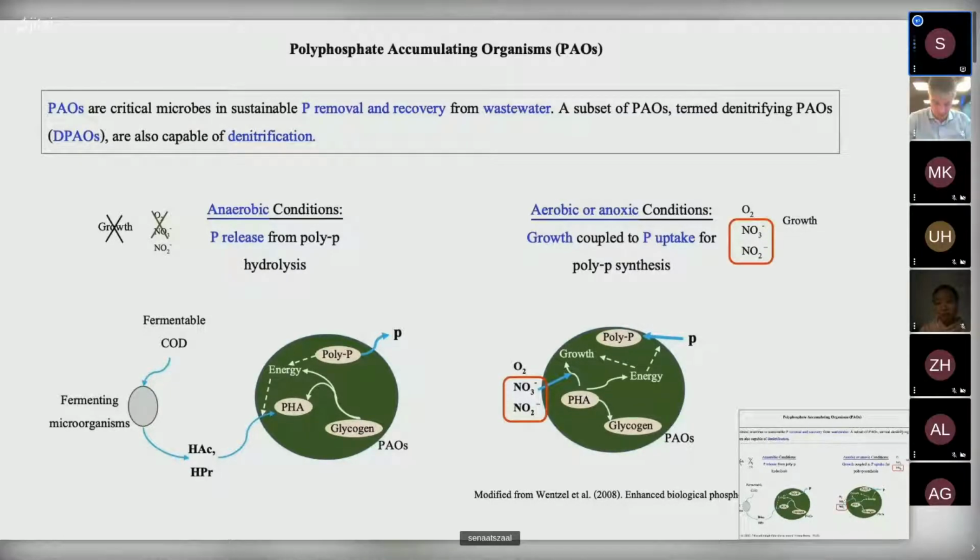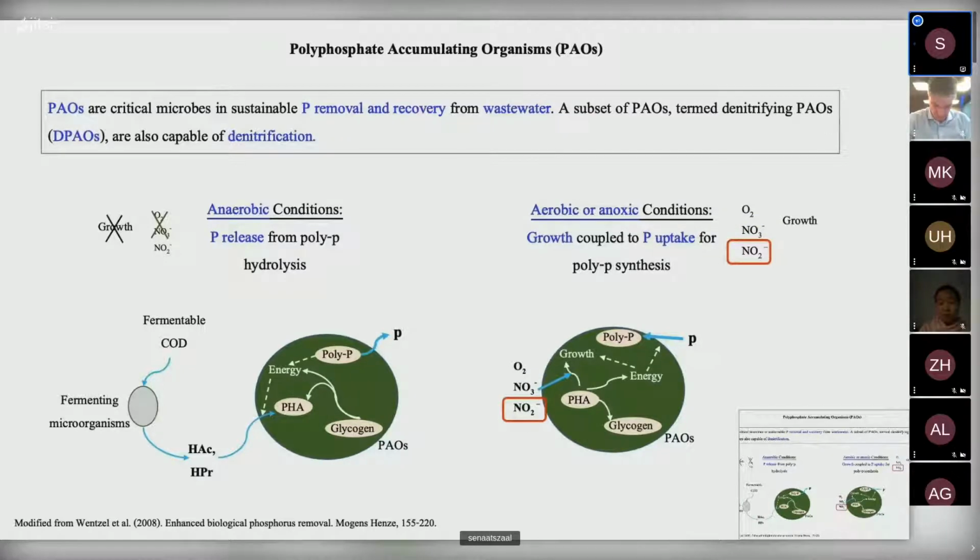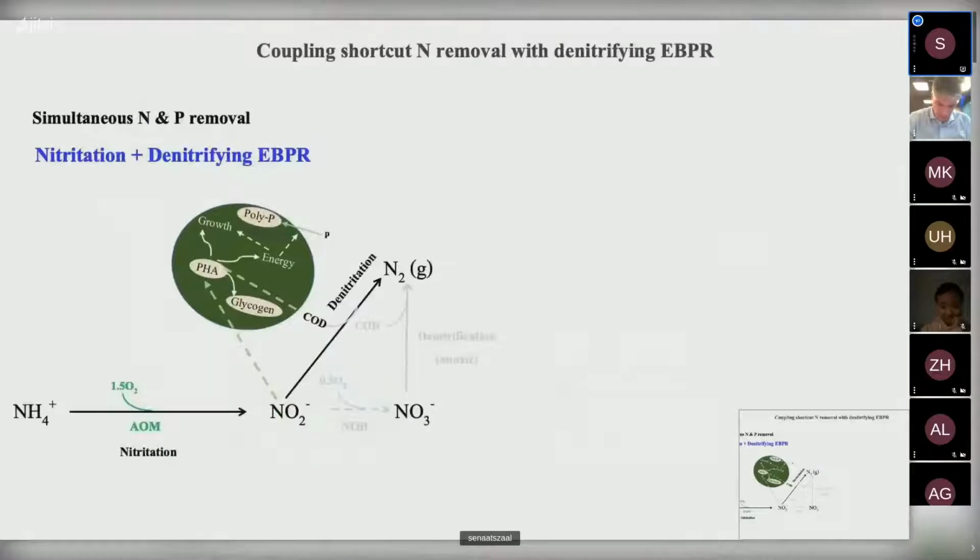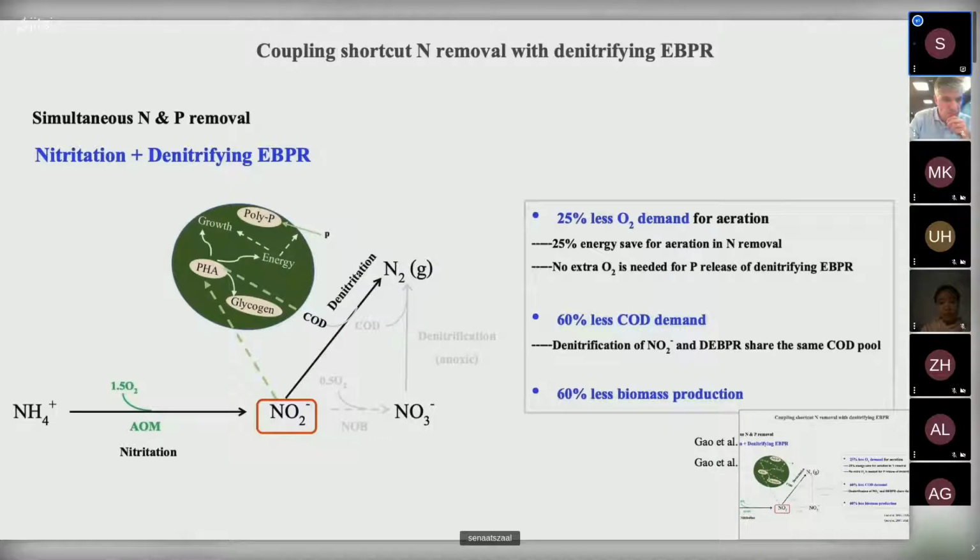And in this study, we focus specifically on DPAOs over nitrite, because by coupling with an upstream shortcut nitritation, this process could achieve simultaneous nitrogen and phosphorus removal at a lower oxygen demand, lower COD demand, and also less biomass production.